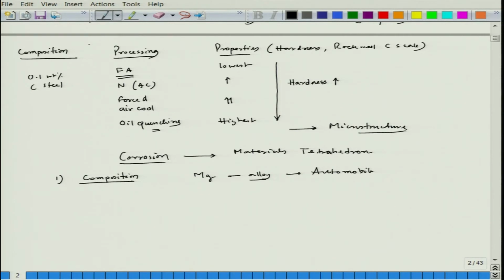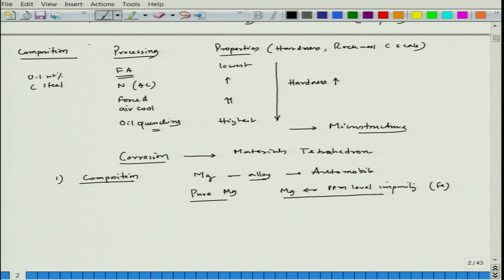But now, let us say I take pure magnesium, and let us say magnesium with ppm level impurity, which is nothing but iron.